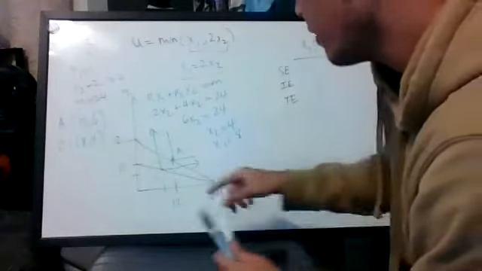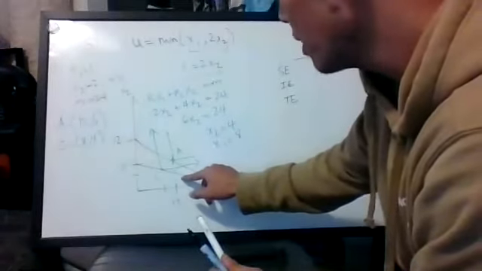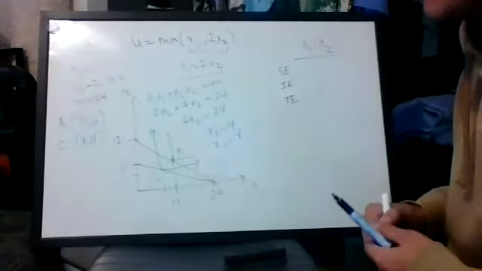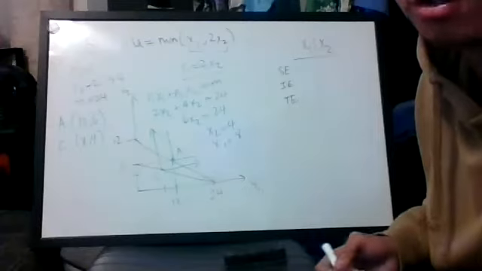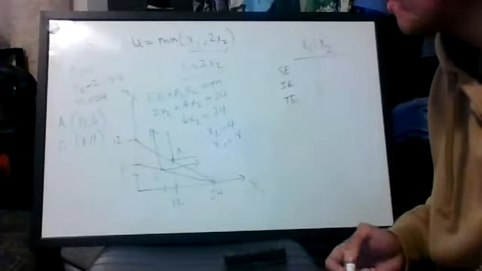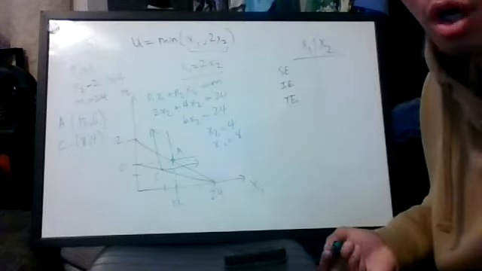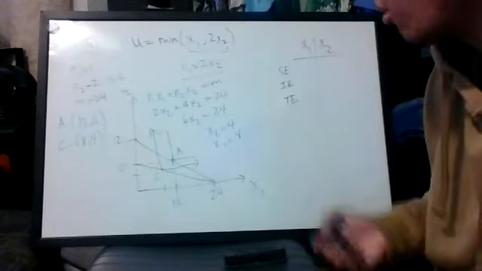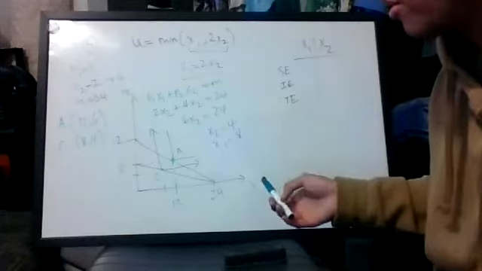We also know that it's going to have the same exact slope as we did before. But because we're not dealing with a continuous function, we can't really apply calculus to this. We're simply going to have to use our intuition, what we already know about perfect complements, in order to solve this.